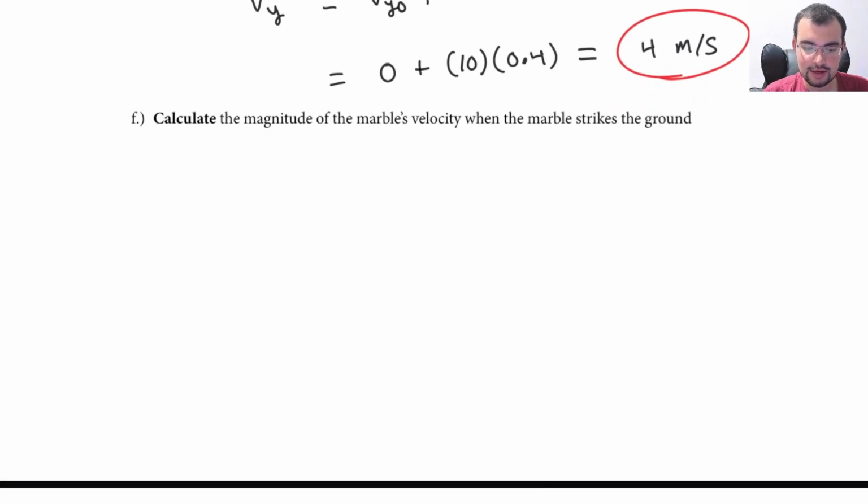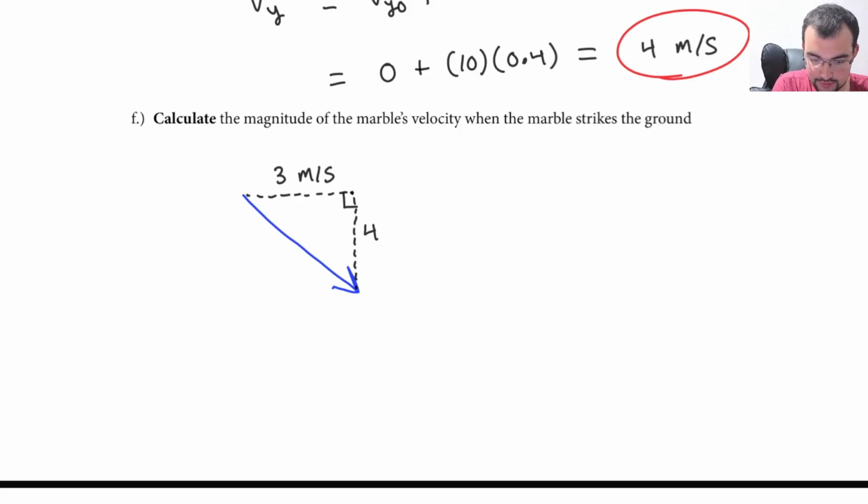Here it is. Calculate the magnitude of the marble's velocity vector when the marble strikes the ground. Well, we know the marble velocity vector is going to look like this because it's traveling down and right. And we solved and said this was just the horizontal speed, 3, and the final vertical speed was 4 meters per second.